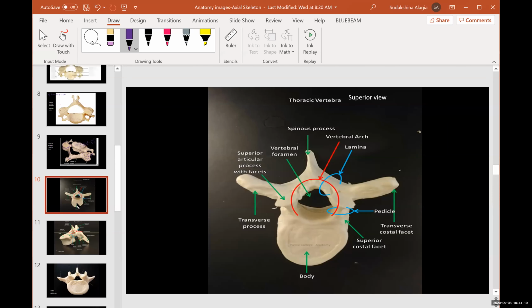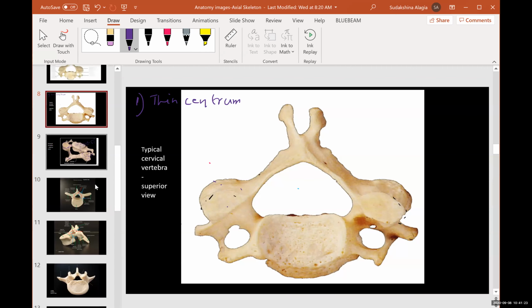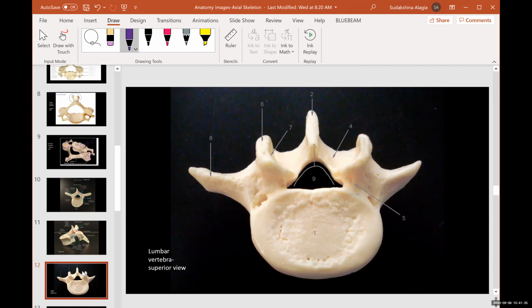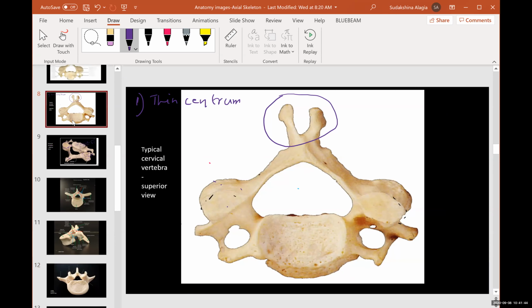Focus here. There's only one spinous process? Exactly. So basically, in the thoracic and lumbar vertebra, the spinous process is straight and intact, undivided. In the cervical vertebra, one of the characteristics is the spinous process. This is called a bifid spinous process, split.